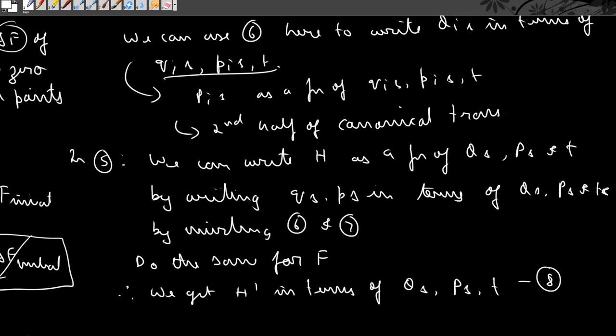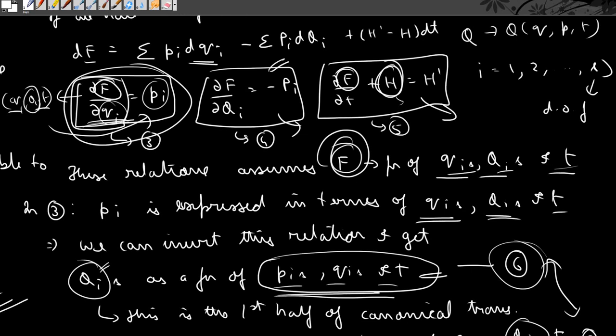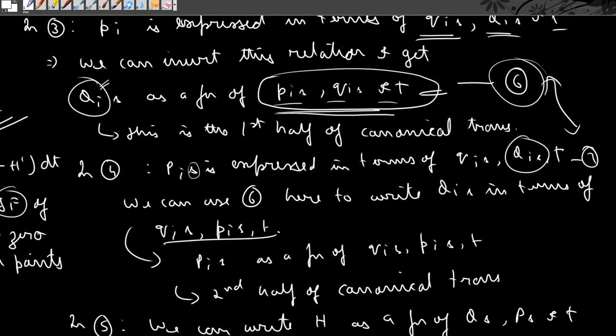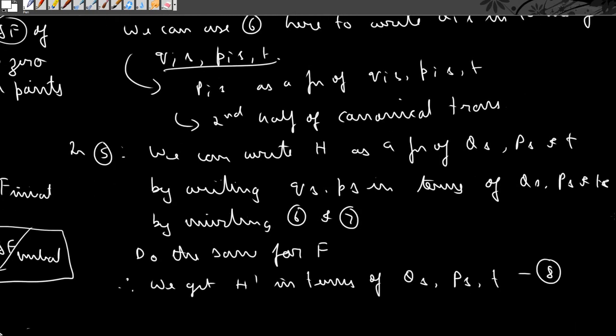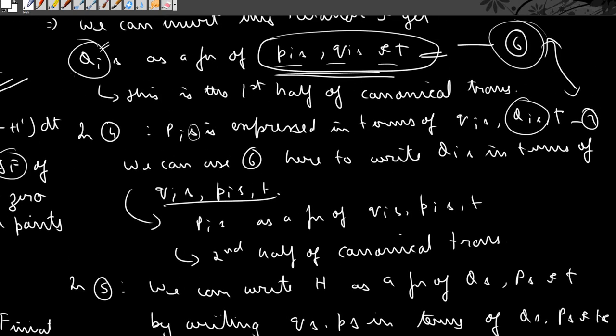So now, if we know what the function f is, which is a function of the old coordinates, new coordinates and time, then from that relation, by using equations 3, 4 and 5, we can get our canonical transformation equations, and not only that, we can even get the relation for our new Hamiltonian H dash in terms of the new coordinates, momenta and time by inverting equations 6 and 7, which are this and this.